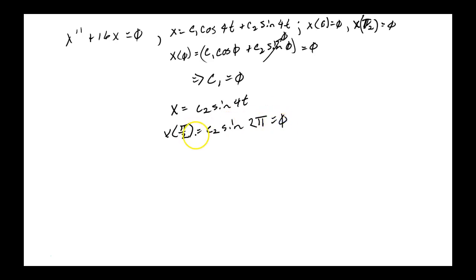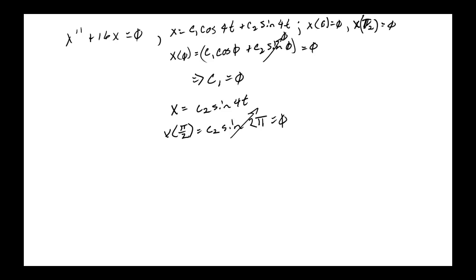Well, guess what? Sine of 2 pi is always 0. So that doesn't specify what C2 is. C2 could be any value in the world, and that would still meet those 2 boundary conditions. As long as C1 is 0, C2 could be any value, and these 2 conditions would be met.